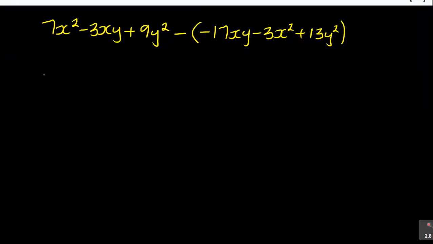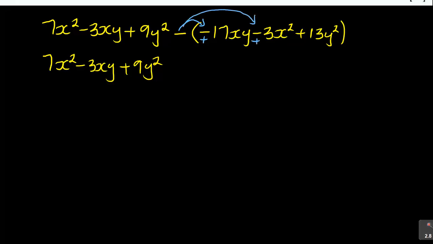So what you do, you have your 7x squared. That is already a mark for writing that. Minus 3xy plus 9y squared. When you see this negative and you distribute it inside, this negative will change that to become a positive.